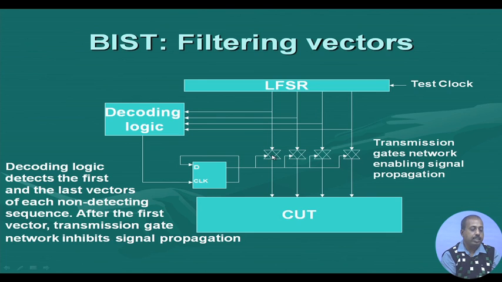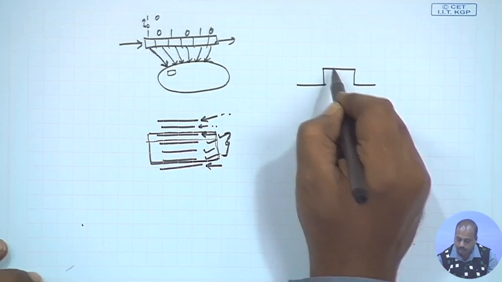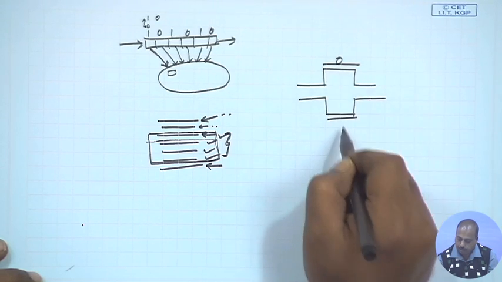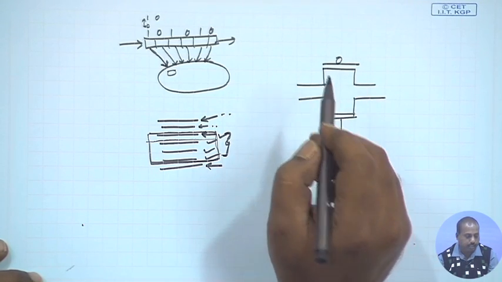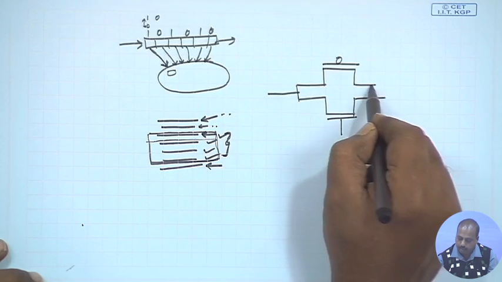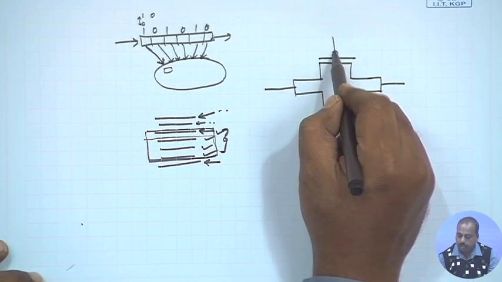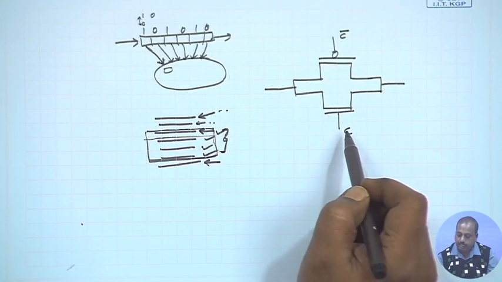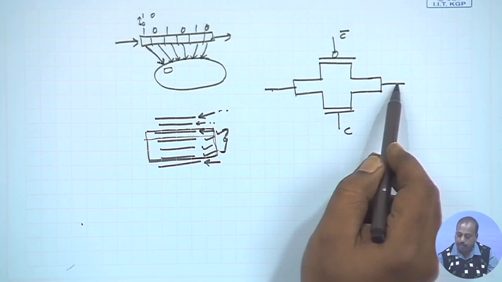A transmission gate is an architecture where if this control is 1, then whatever is input here will come to the output, and if this control is 0, it will not come to the output. A transmission gate is manufactured with 2 transistors in CMOS mode. This is a P transistor, this is an N transistor. This side we have the input and this side we have the output. Now, there is a control. So, C and C bar are applied to these gates. If C is equal to 1, then whatever value you give here will be available at this point.